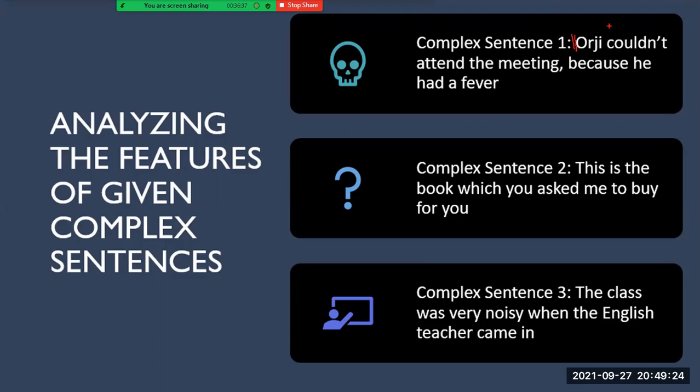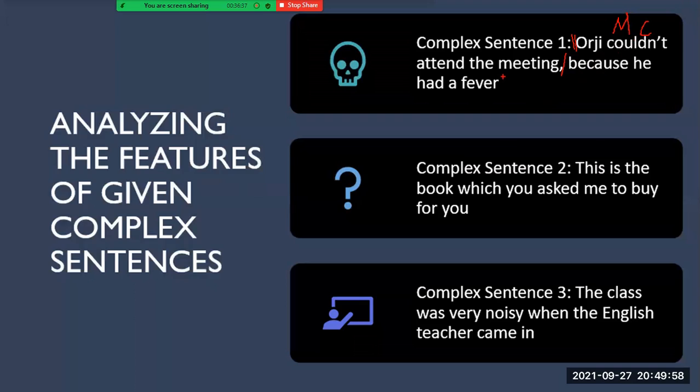Now, let's analyze this into the 2 clauses that make up this complex sentence. This first clause is called the main clause. And so we can label it MC, which means main clause.